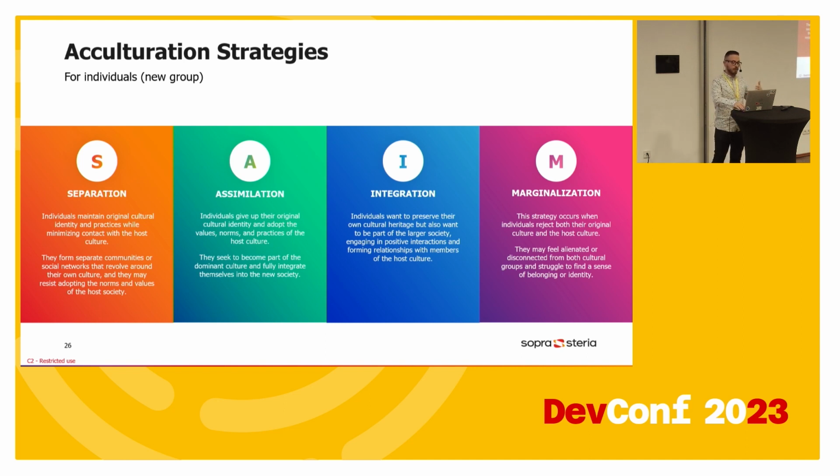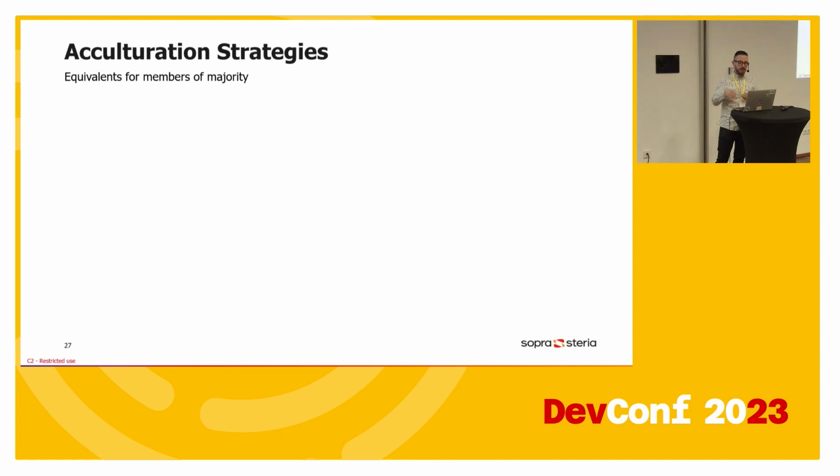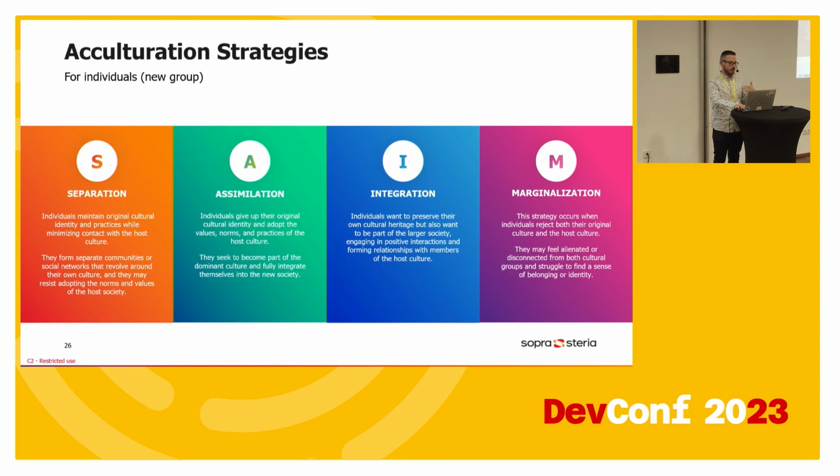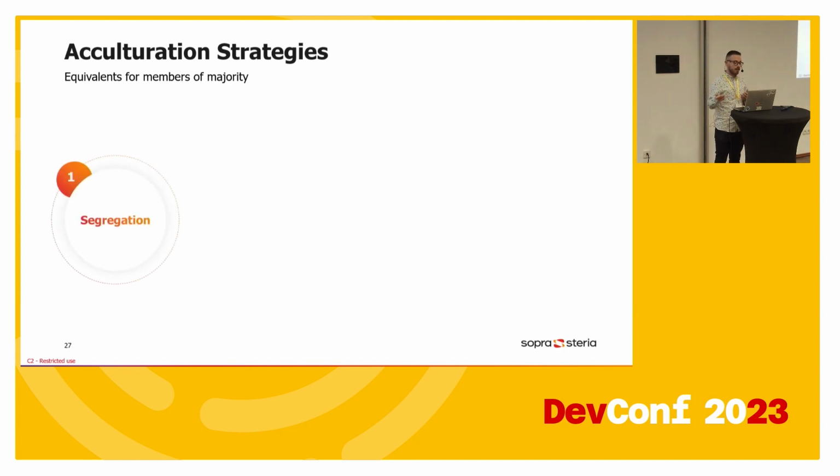And those were the strategies for the individuals, and there are equivalents for the majority group, for the host society. So a host society can have a segregation strategy. It's equivalent to separation for the individual. So if the host society has a segregation acculturation strategy, then they would like to separate themselves from the newcomers and they don't want to interact with them.